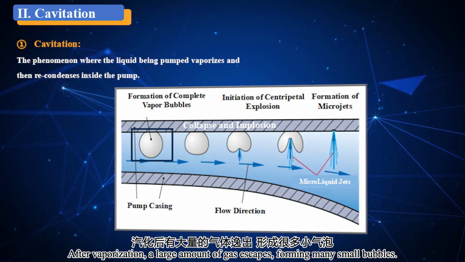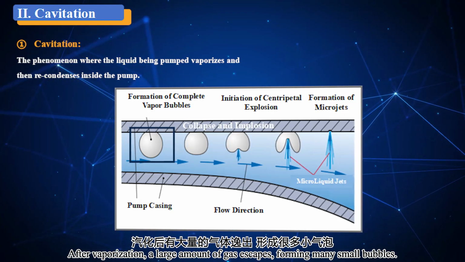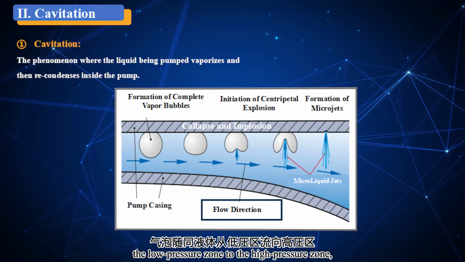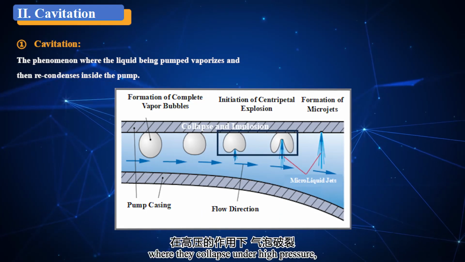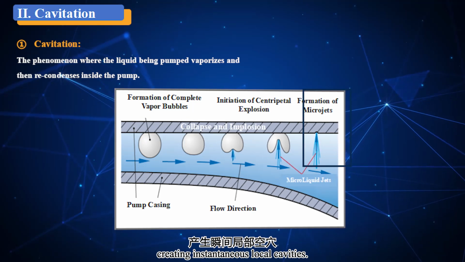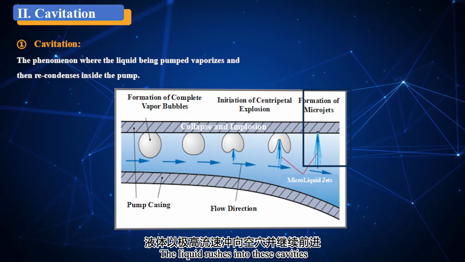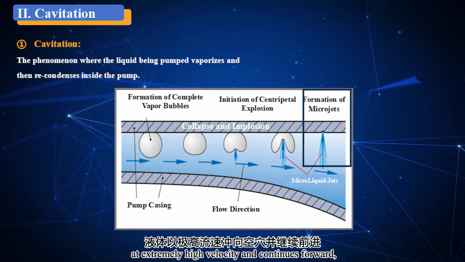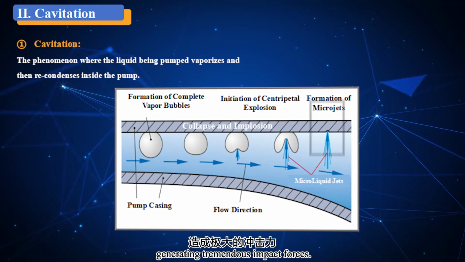After vaporization, a large amount of gas escapes, forming many small bubbles. These bubbles flow with the liquid from the low pressure zone to the high pressure zone, where they collapse under high pressure, creating instantaneous local cavities.